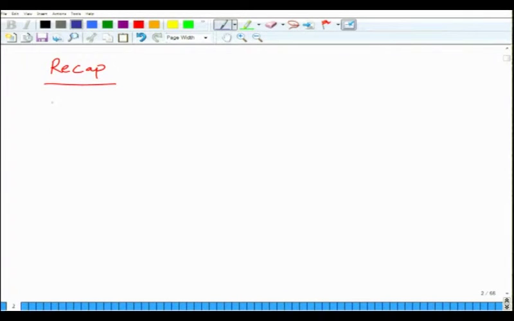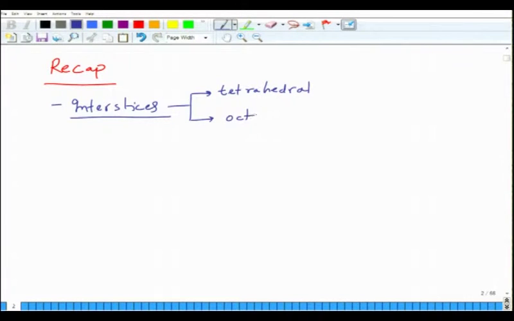In the last class, we learnt about interstices. Interstices are nothing but voids which are present in the crystal structures, and there are two types of voids that we are concerned about. One is tetrahedral and second is octahedral.